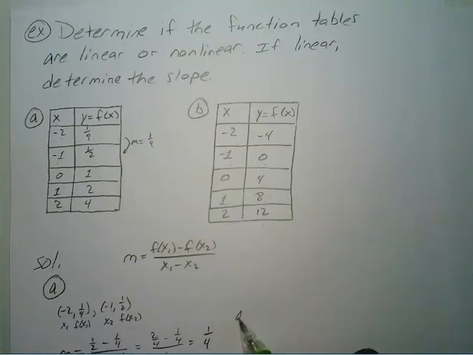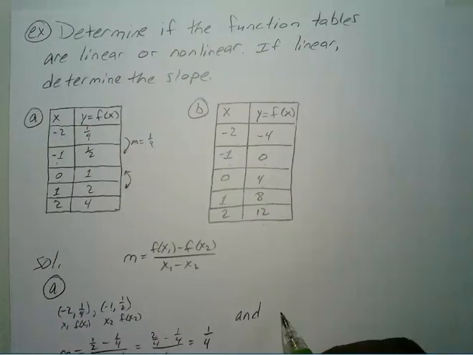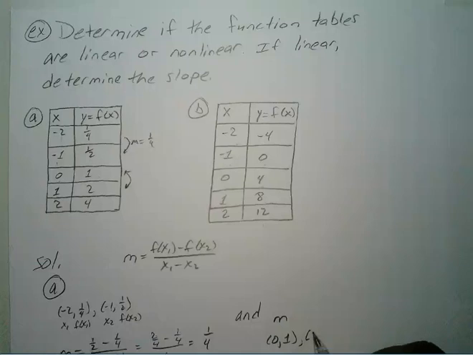Okay, now let's look at 2 different points. Let's say from (0, 1) to (1, 2), where this is your x1, f of x1, and x2, f of x2.